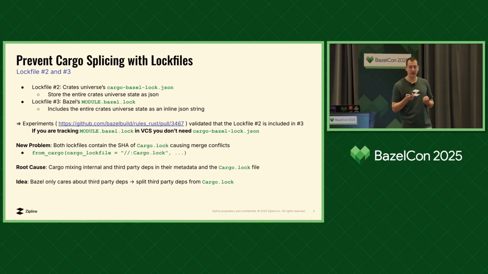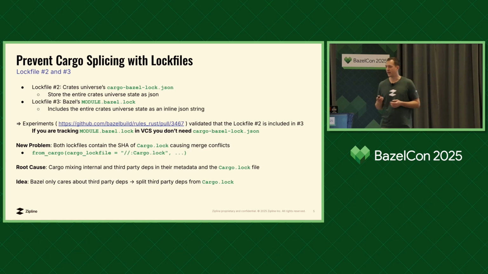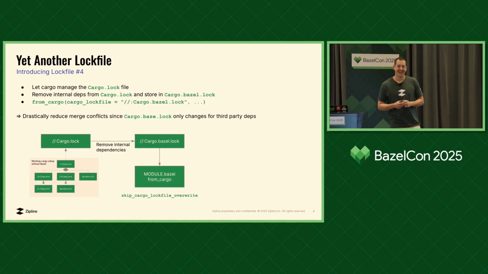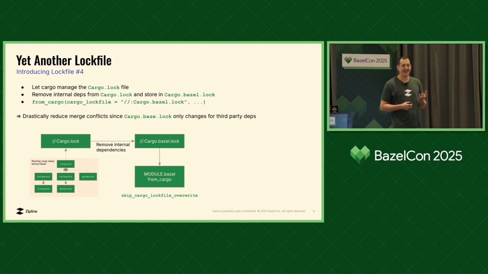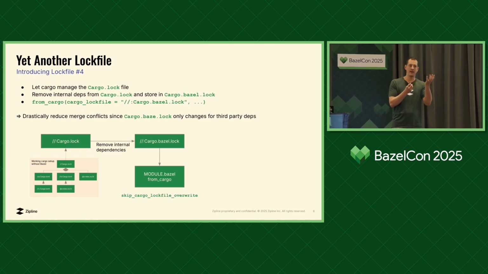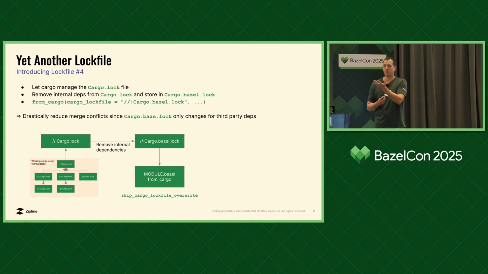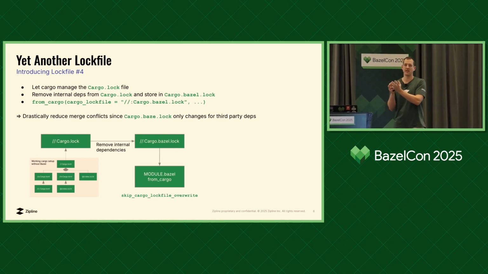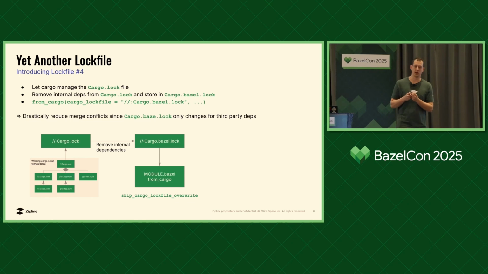So we tried that next, and we already have 3 lock files, so let's just introduce a 4th lock file. We took the cargo.lock file, removed all the internal dependencies, and renamed our output the cargo.bazel.lock file. This contains only the third-party dependencies, which is what rules Rust actually needs.